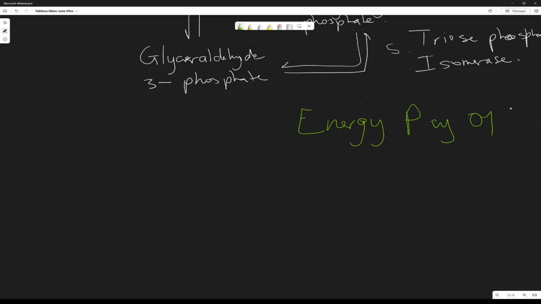So we're gonna have 2 NAD pluses, and these tend to have organic phosphates. They're gonna produce NADHs, plus 2 hydrogen ions.